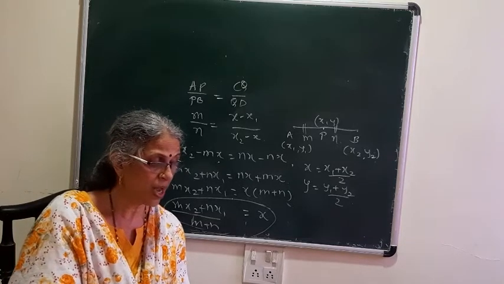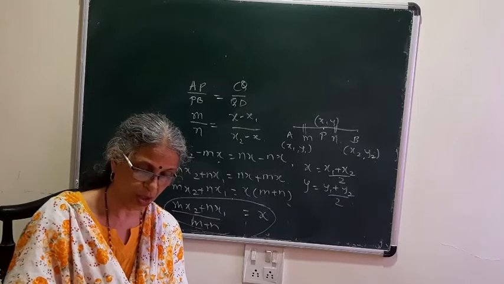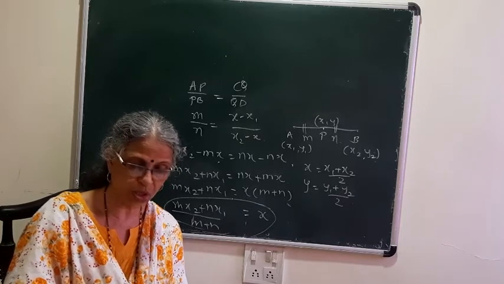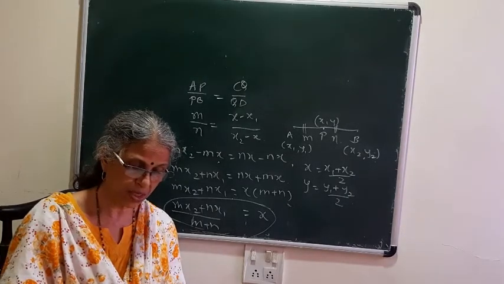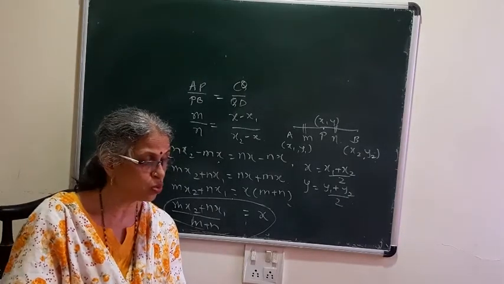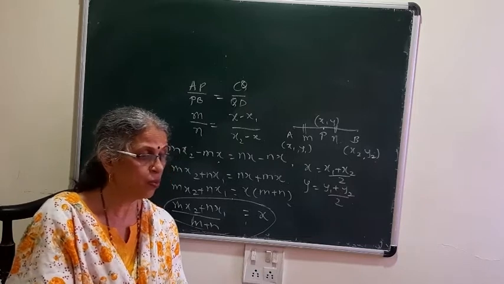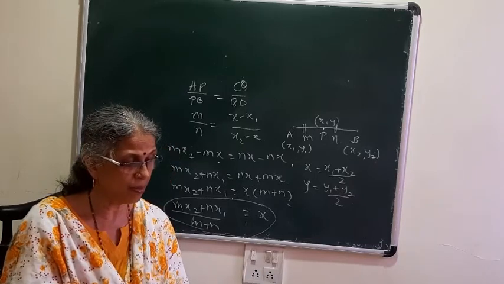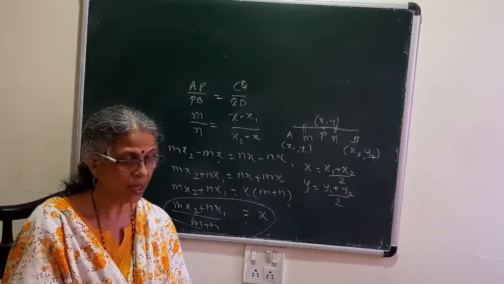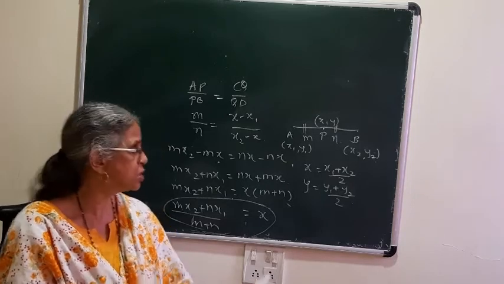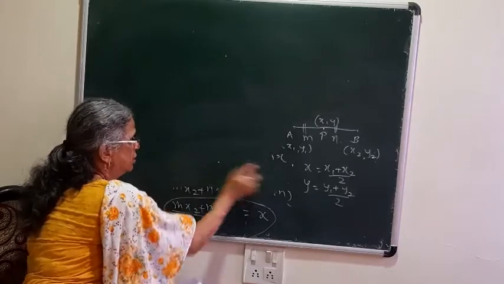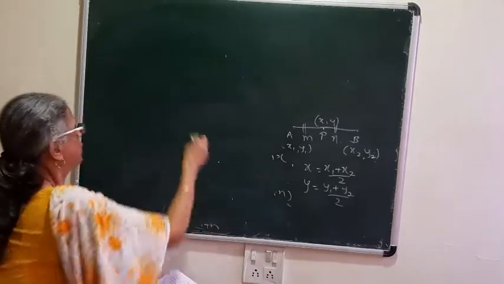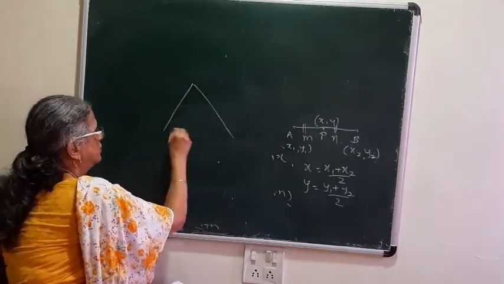Followed? Now as G is the centroid, the ratio AG to GD is 2:1. You know that the centroid divides each median in the ratio 2:1. So now we have m as 2 and n as 1, the ratio AG to GD. They have drawn the triangle.